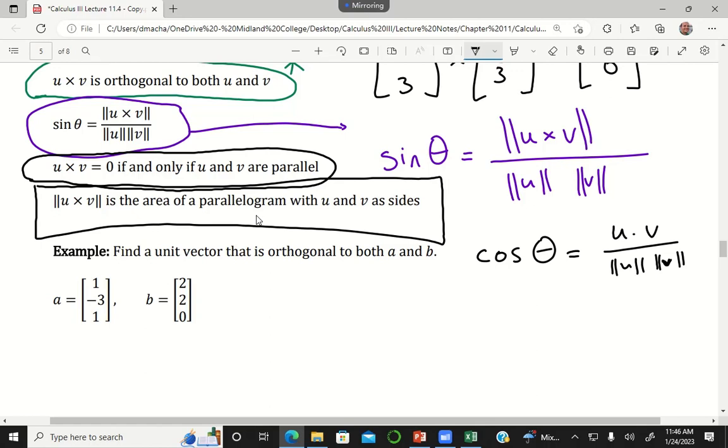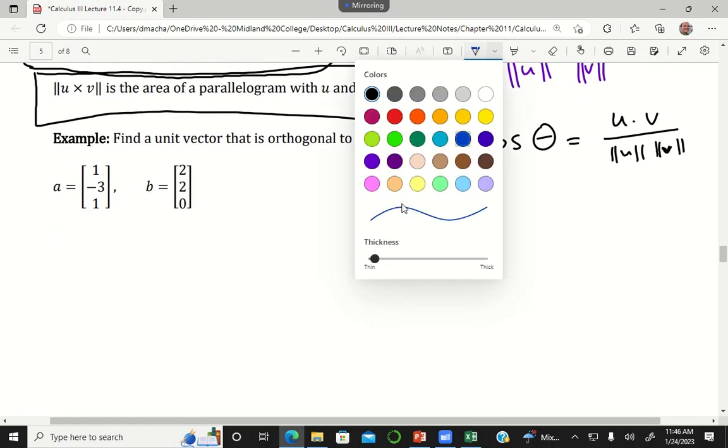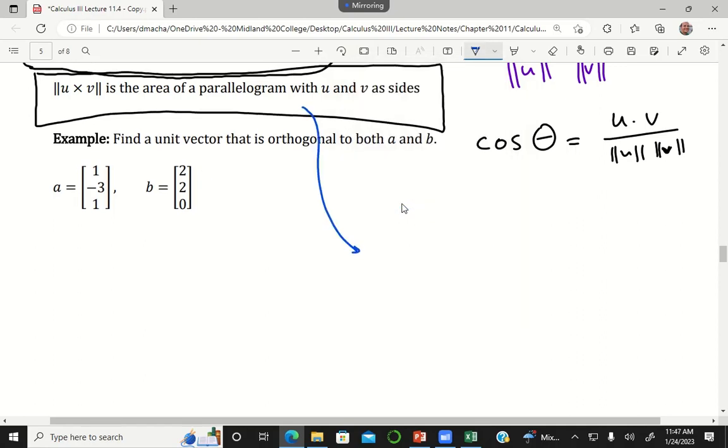But this last fact, this last statement says that the norm of the cross product is the area of a parallelogram where the vectors make up the sides of the parallelogram. Okay? So, what do I mean by that? If this is my vector u, this is my vector v, I can make a parallelogram by sliding a copy of my vector v over like this, and slide a copy of u over like this.